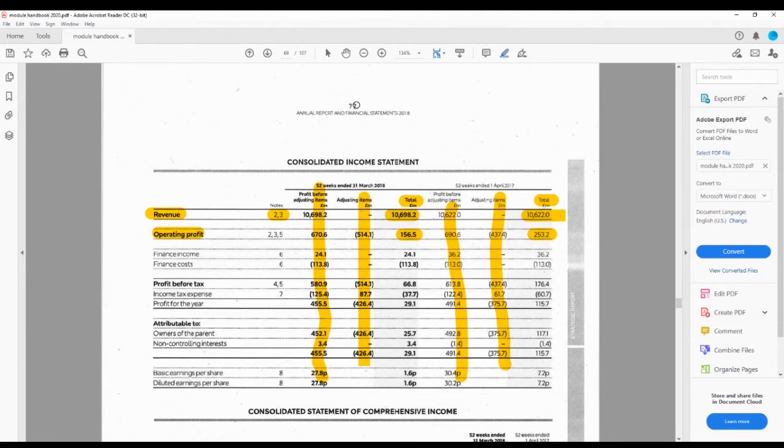It's a positive figure. Positive figure is a good thing. And for 2017 is 253.2 million pounds.